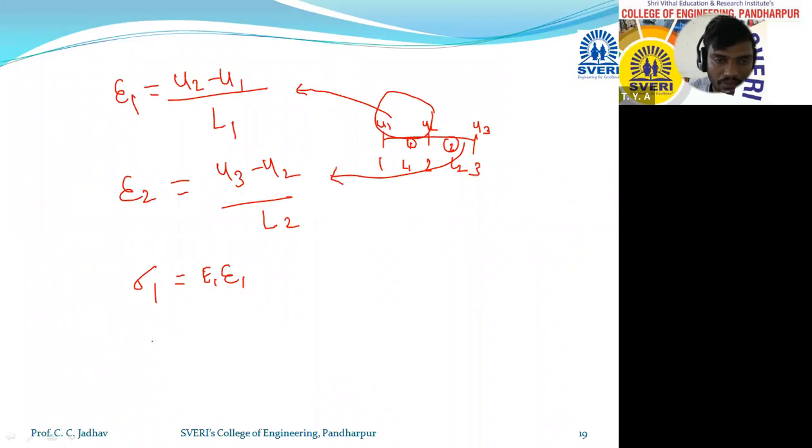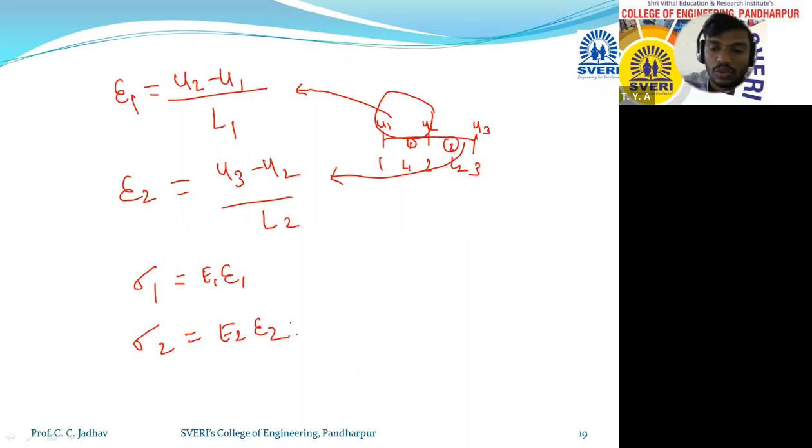You will get first strain, second stress is E2 into strain 2. Okay, so we will get by default stress value, strain value and displacement values. Okay, so this is your final formulas for all the structural one-dimensional bar element problems.